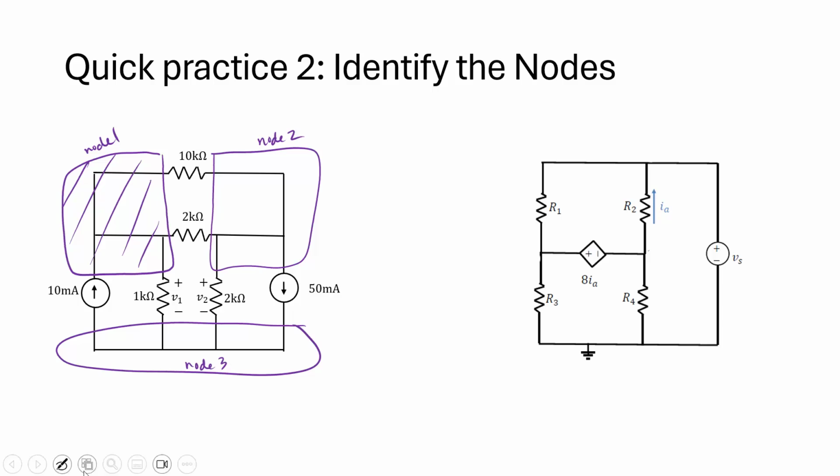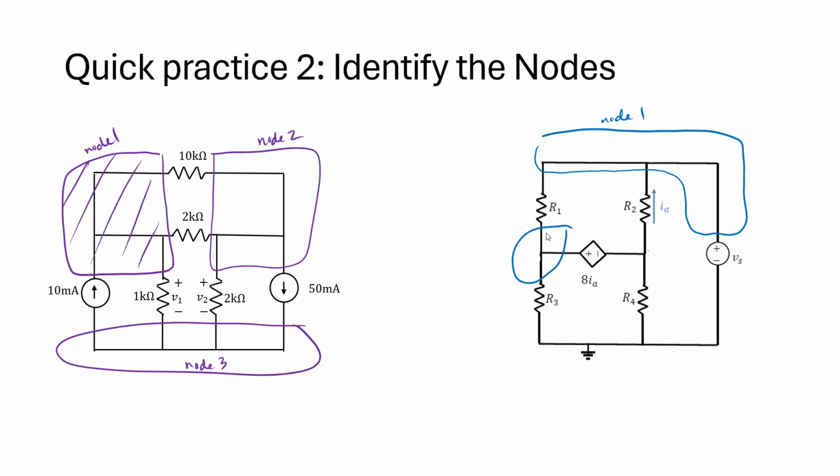And finally, our last example. This circuit has a big node on the top. So this whole area is sitting at a common voltage. We've got some node over here between the 2 resistors and source, another node here, and then another big node on the bottom.